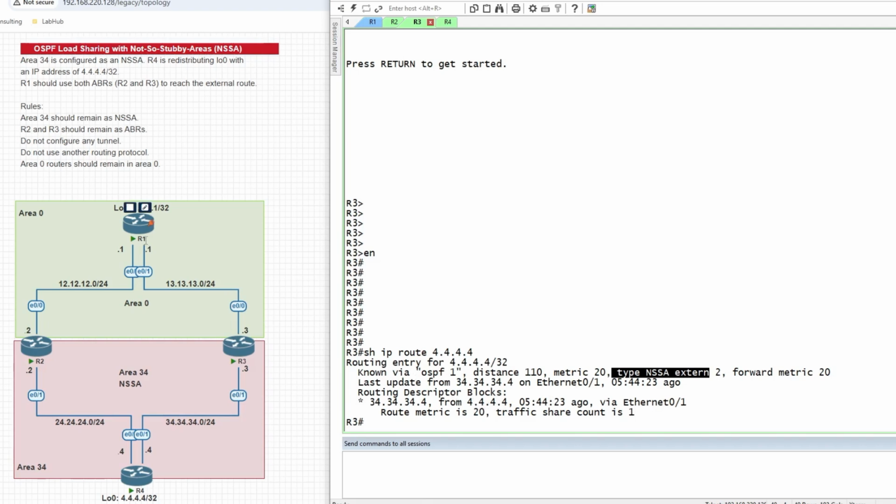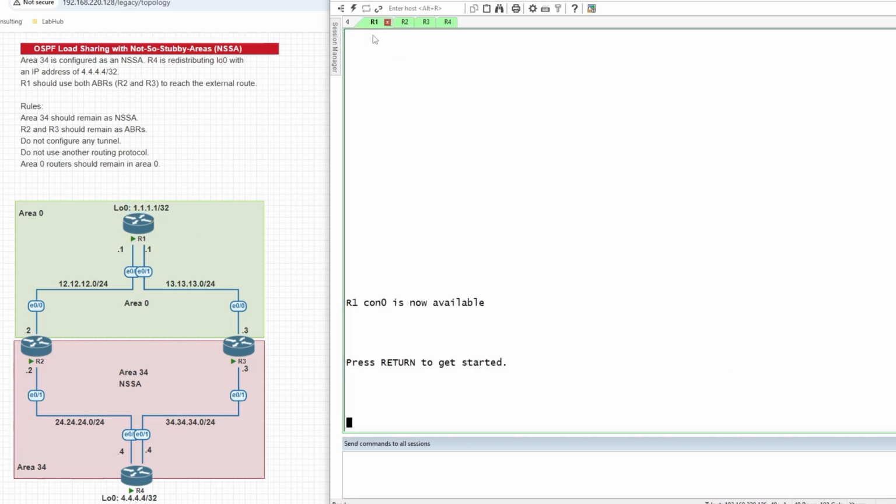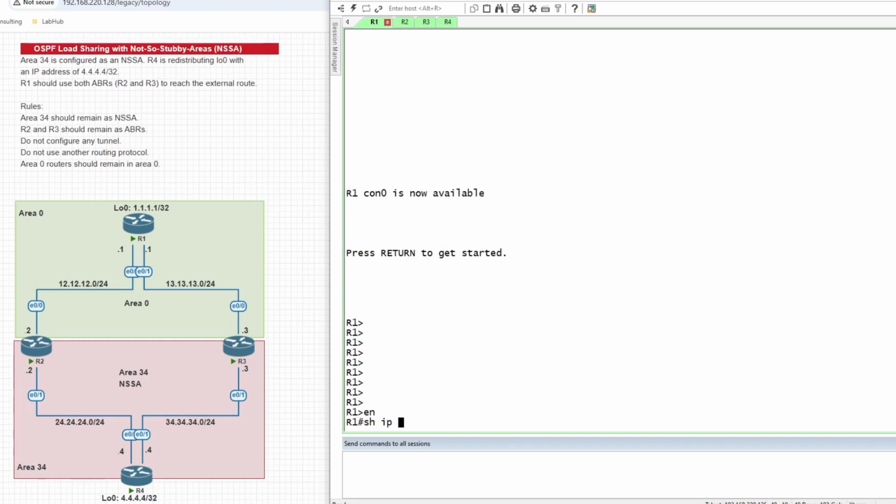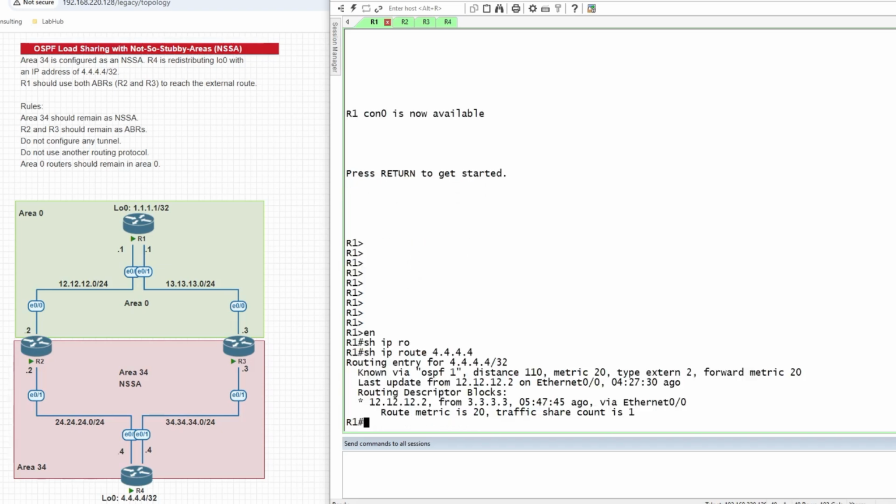Now let's move on to R1, which is our router of interest, and look at how R1 actually learns of this prefix. So show IP route for 4.4.4.4. R1 says that I have learned of this prefix, but as a type 5 external, that is E2.